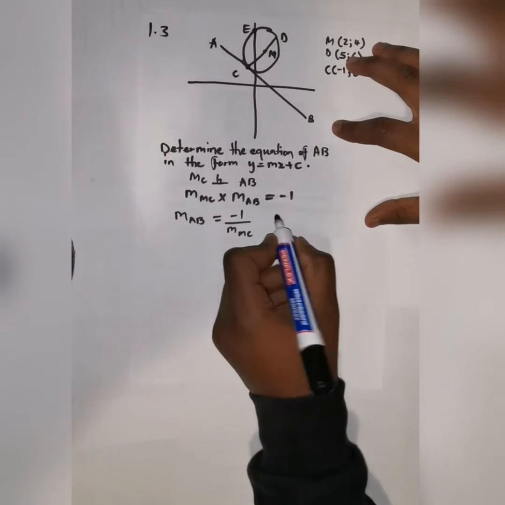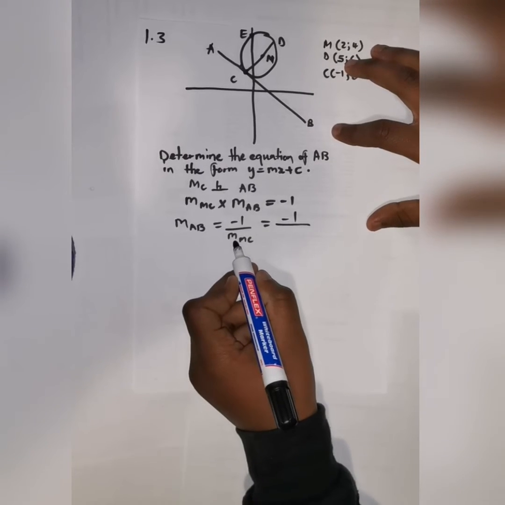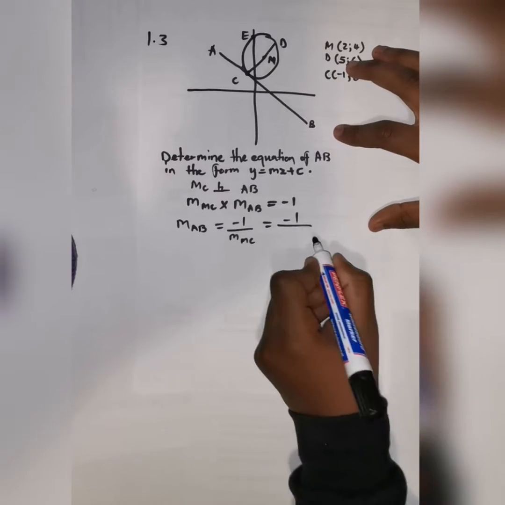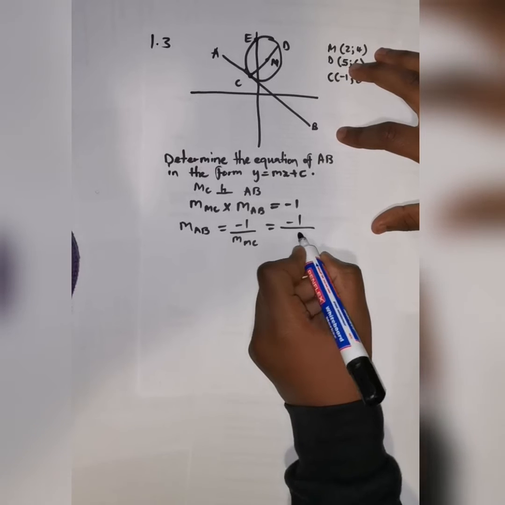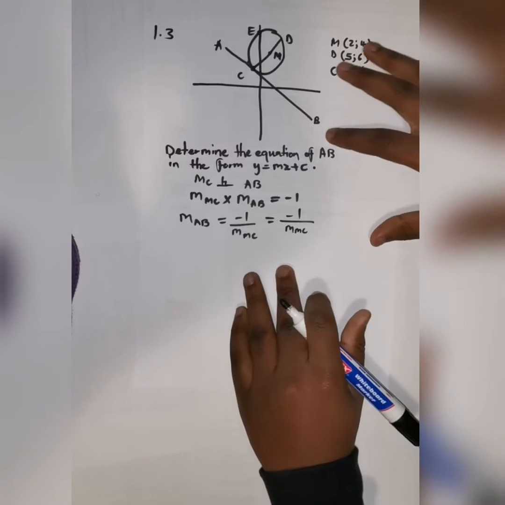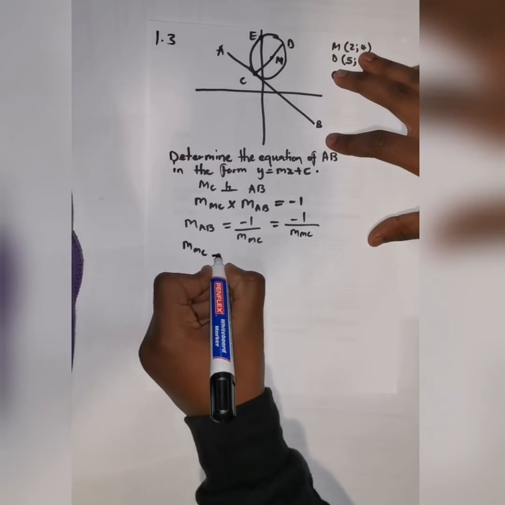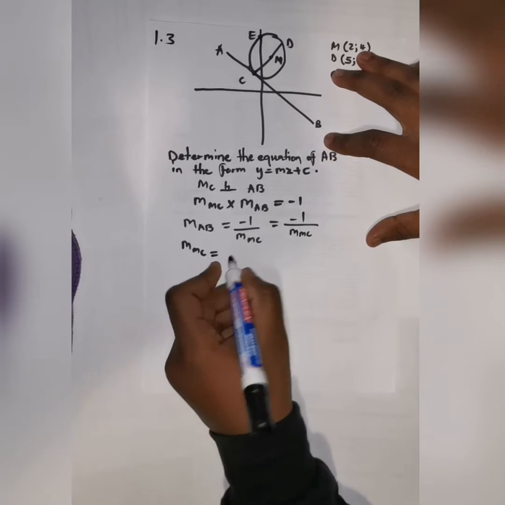Let me avoid adding confusion and calculate the gradient of MC on the side. It's going to be easier this way.